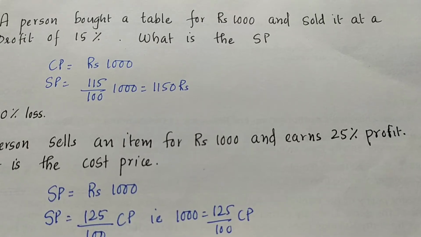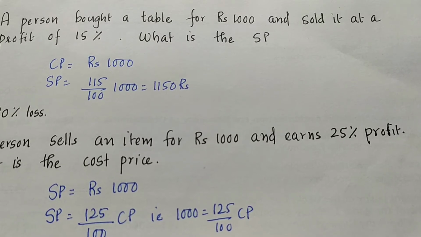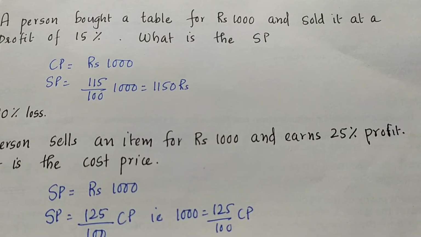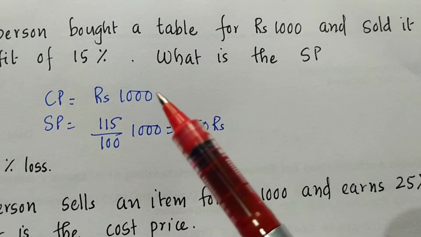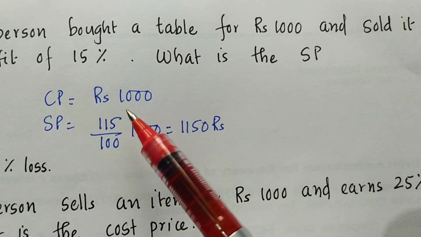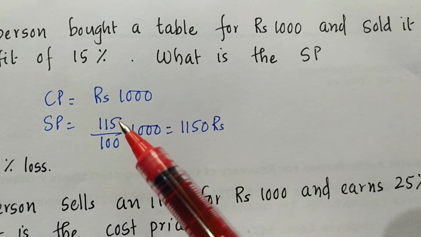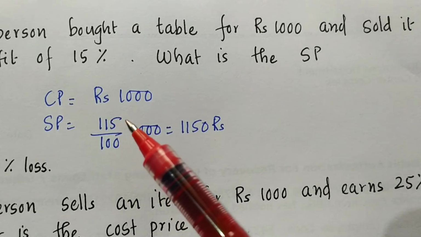A person bought a table for ₹1000 and sold it at a profit of 15%. What is the SP? Here we are given the cost price, that is the price at which the person bought the table, that is 1000 rupees, and we are given that he got a profit of 15%.